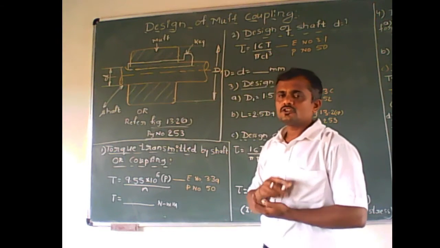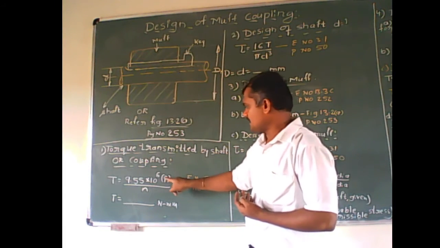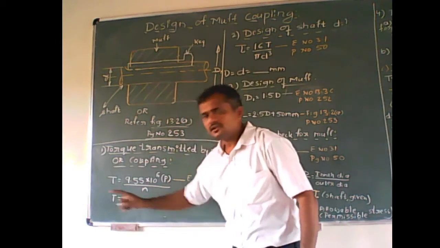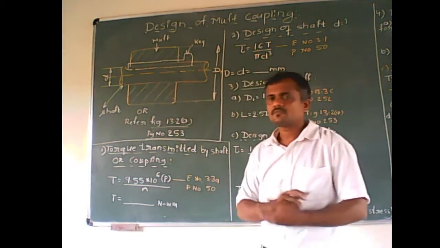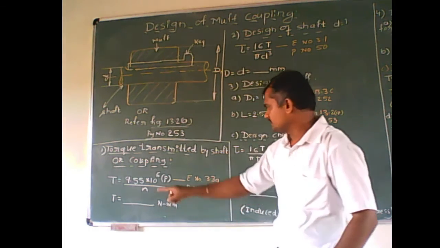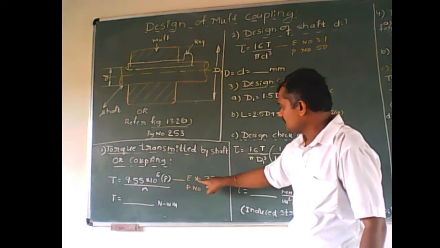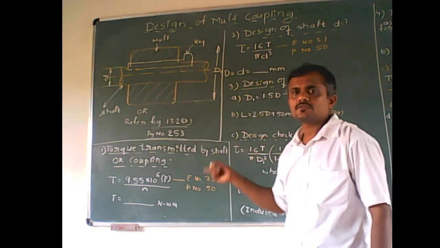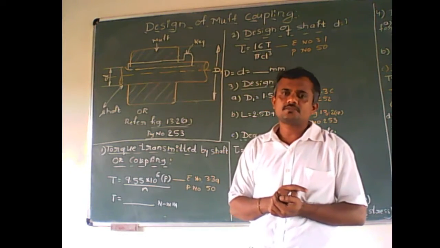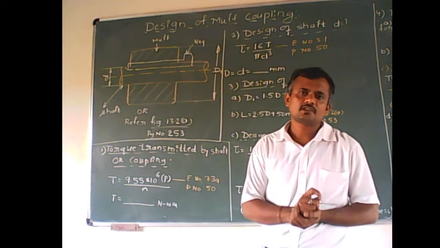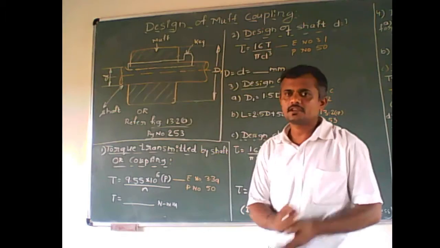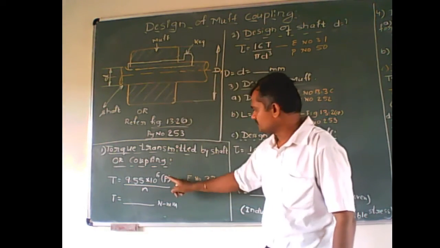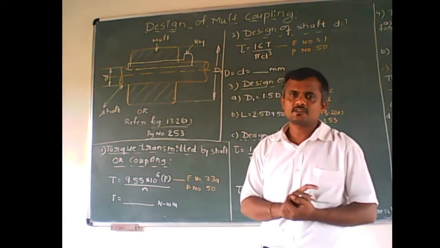Therefore, in your problem, power and n will be given, and you have to determine the value of torque, which should be in newton mm. This equation is used, equation number 3.3a from page number 50, from the problem on design of a shaft. With the help of this equation, we determine the value of torque by using power and n.